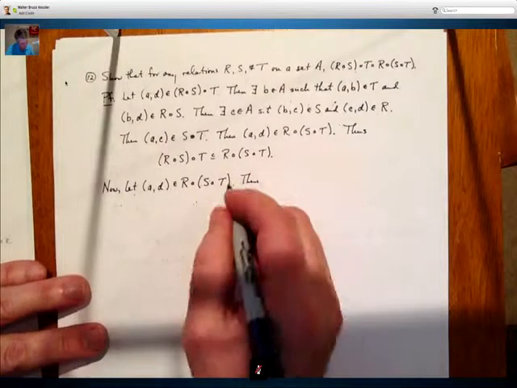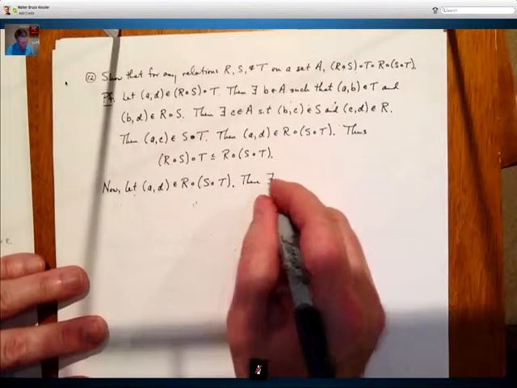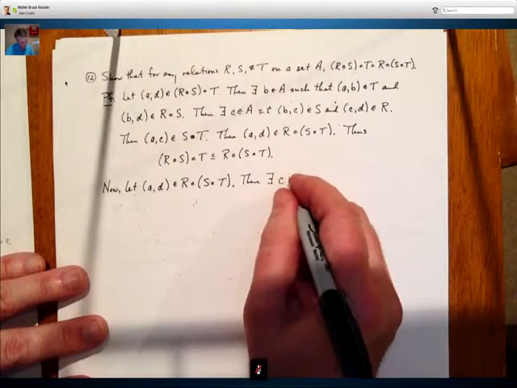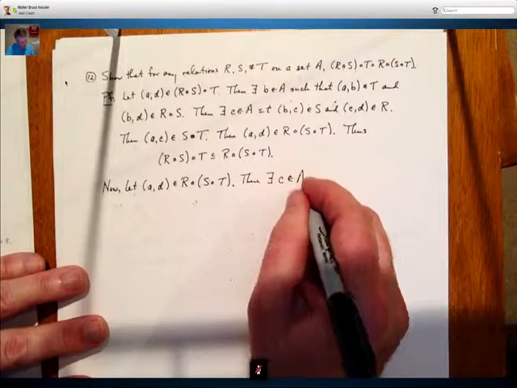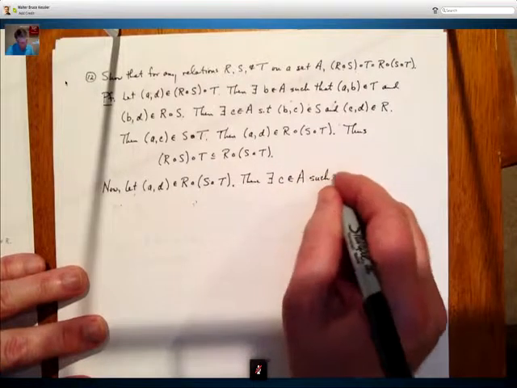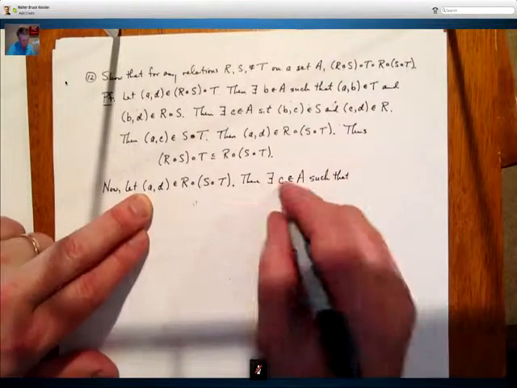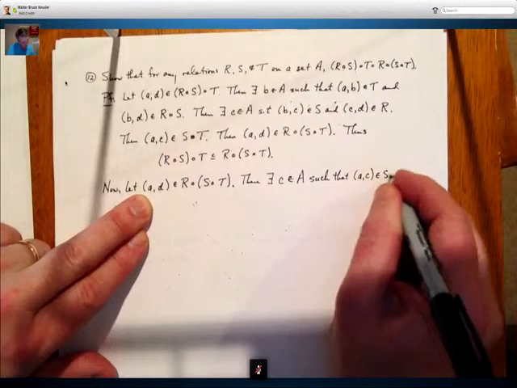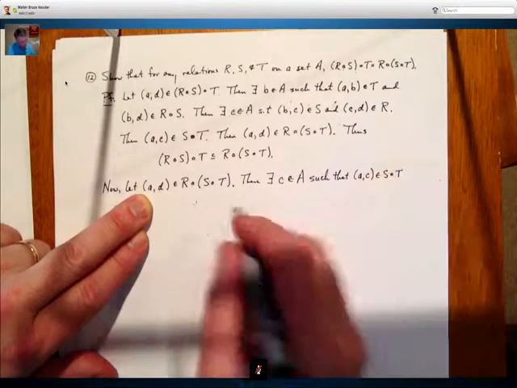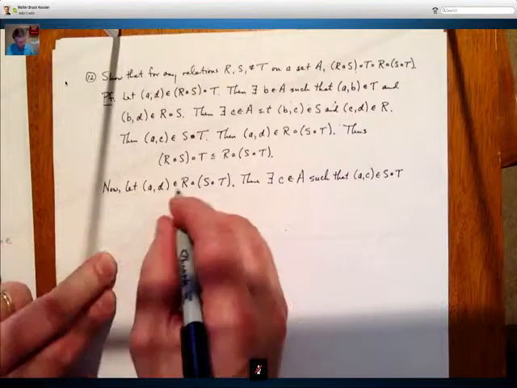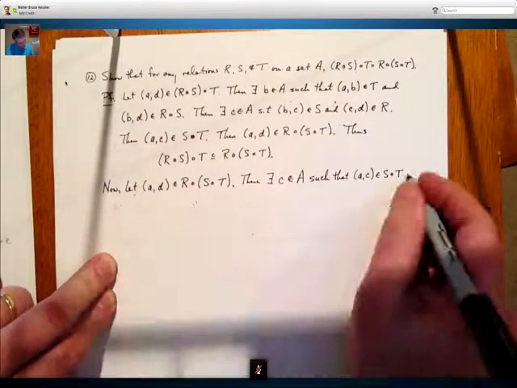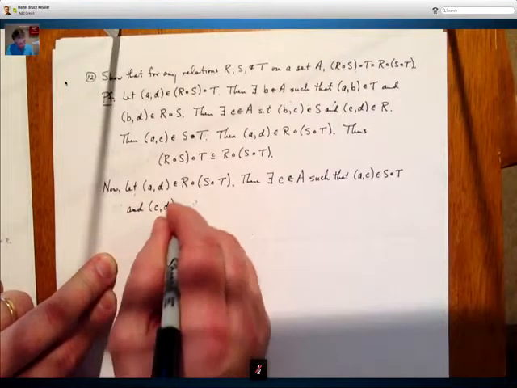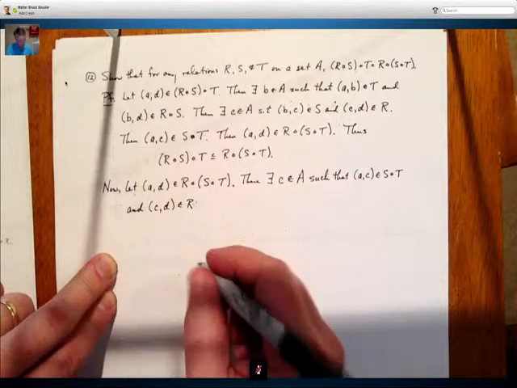How about C? In a set A, such that now the AC has to come out of this S composed with T. And then C is the connector to D. And CD is an element of R.